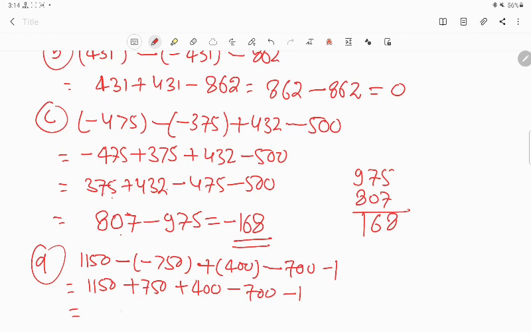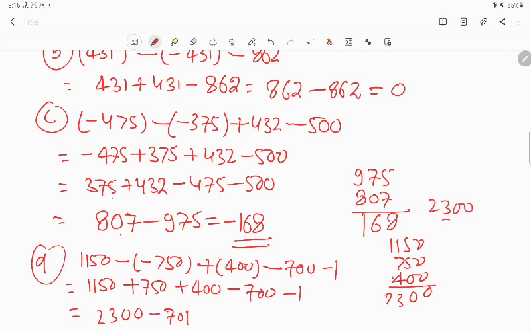Adding 1150, 750 and 400 gives 2300. Then 2300 minus 701, subtract this: 10 minus 1 is 9, here 9, here 12 minus 7 is 5. This is coming 1599.